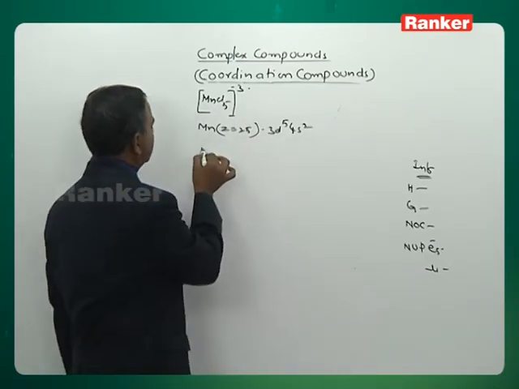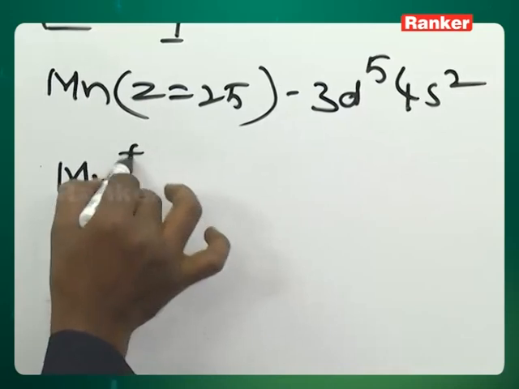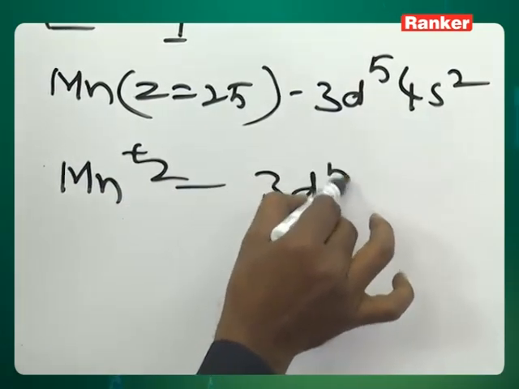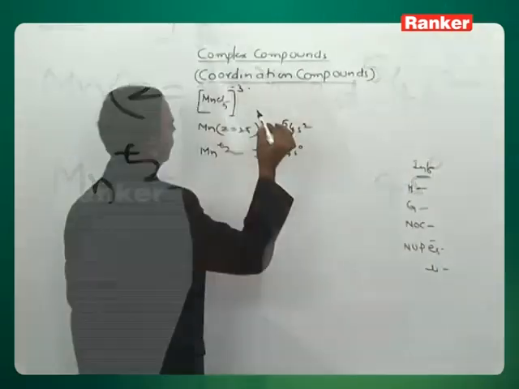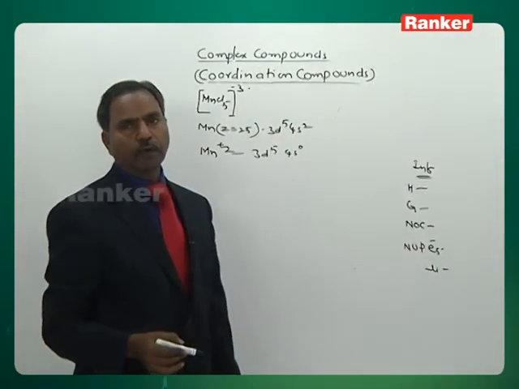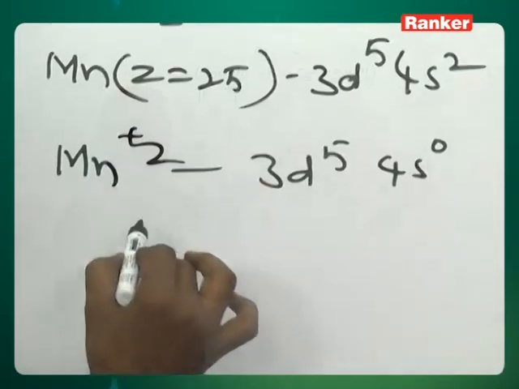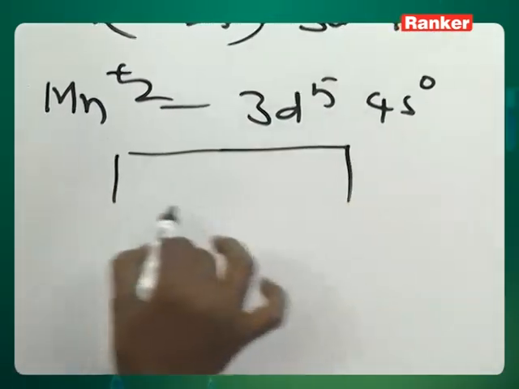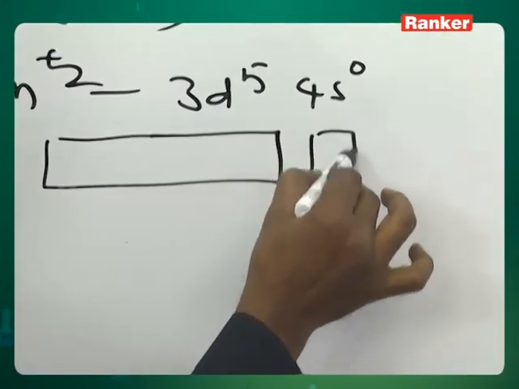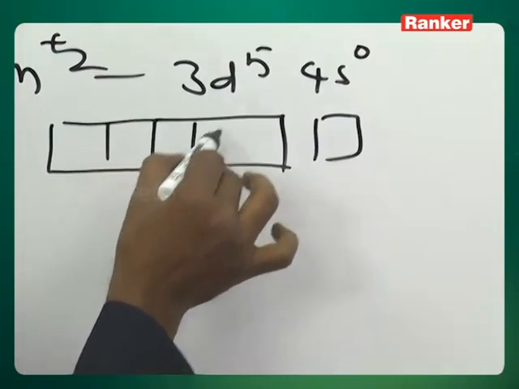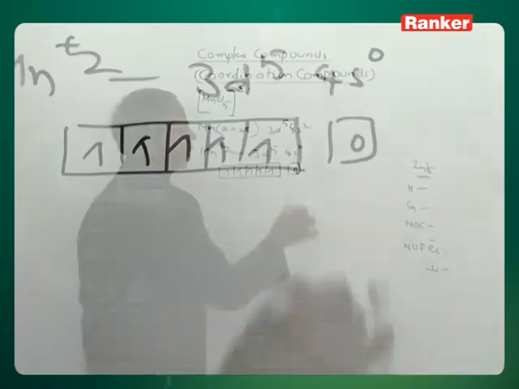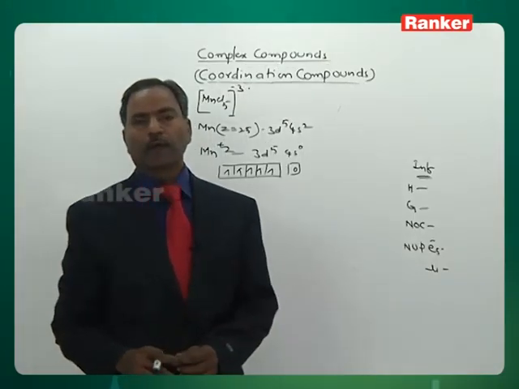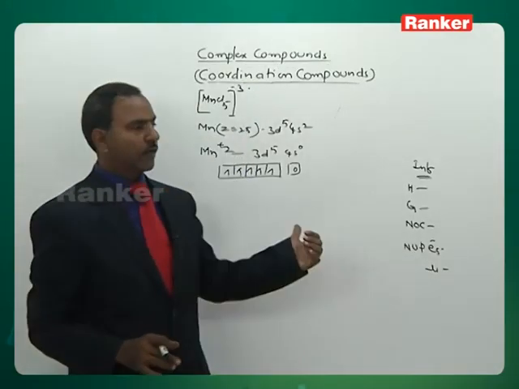For the Mn complex, Mn +2, it is 3d5, 4s0. I am showing here the free metal ion electronic arrangement. This is the arrangement of electrons in the free metal ion.